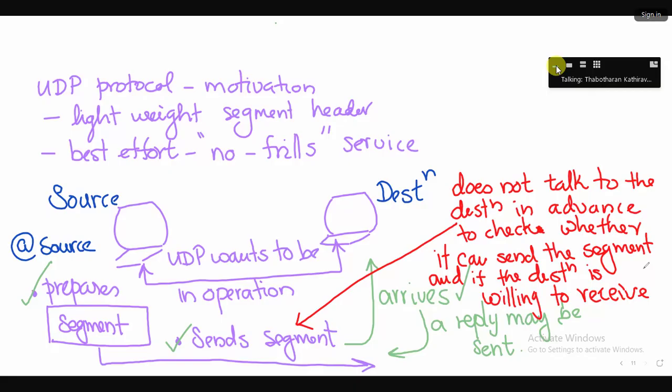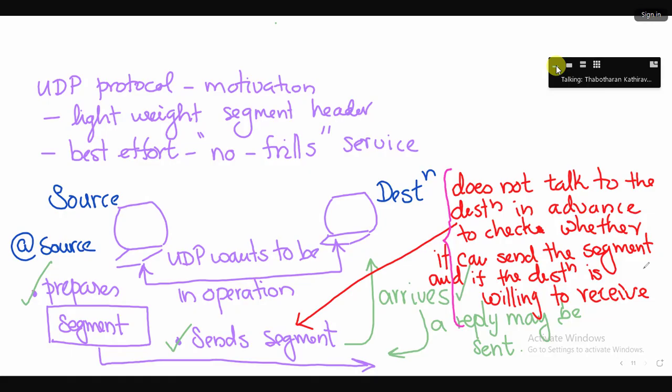Of course, this kind of thing makes the design and the operation of the protocol much easier. You prepare the segment with the source port number, destination port number, source IP address, destination IP address, and you just send and forget it. You don't talk to the destination in advance. Some protocols are designed in a different manner and they talk in advance.